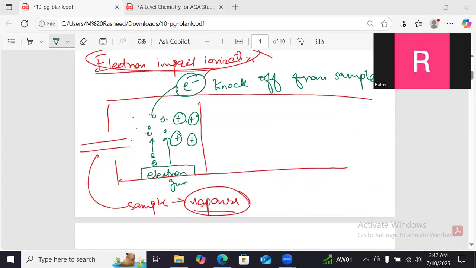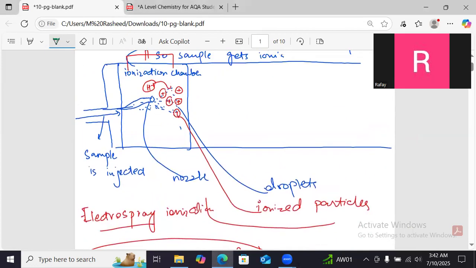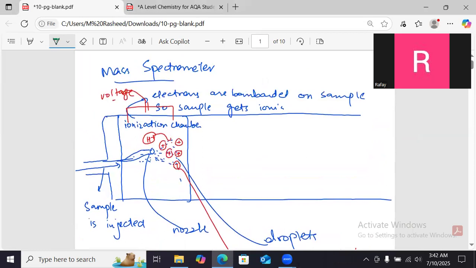Can you tell me how do you understand electron impact and electrospray ionization? So you said that the sample is in the form of droplets.